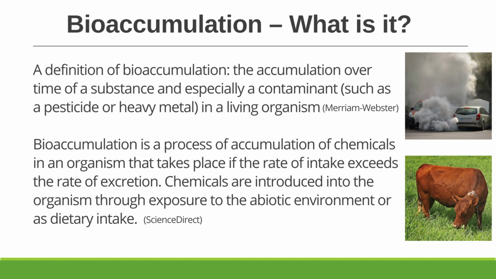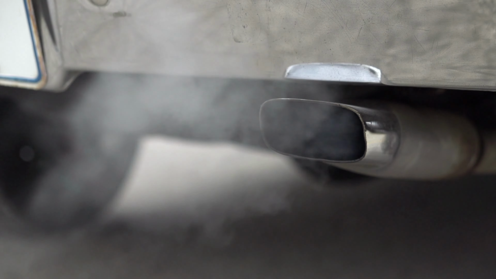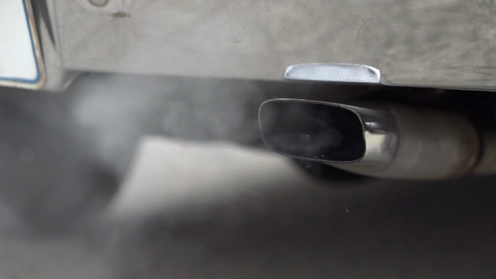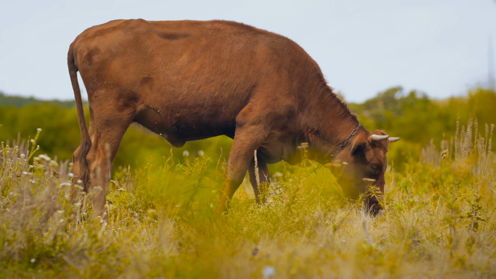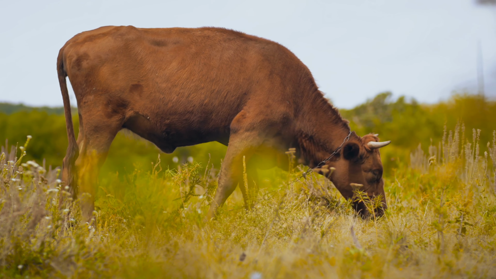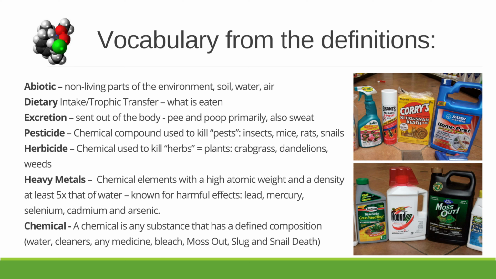Chemicals are introduced to the organism through exposure to the abiotic environment or as dietary intake. Exposure equals car exhaust. Dietary intake, like the cow eating grass in a pasture.